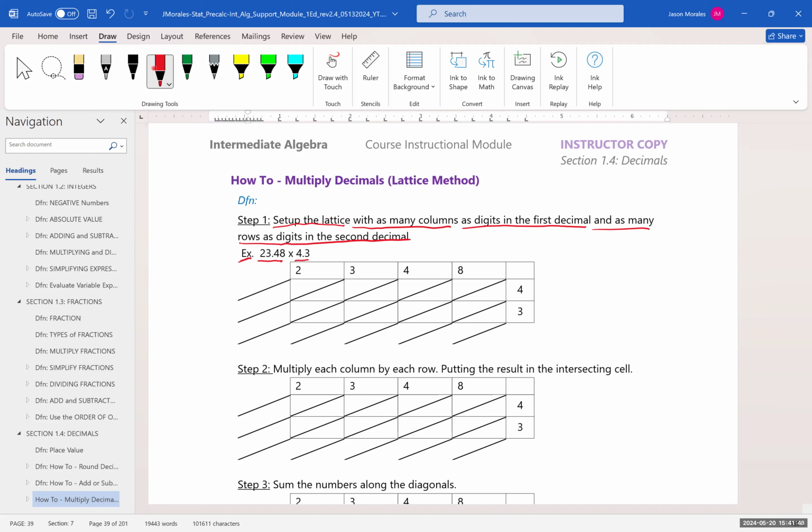You can see I've set up a table and put the digits 2, 3, 4, 8 across the top in the first row, creating these four columns. And then I've taken the number 4.3 and written 43 down the side, enumerating some rows.